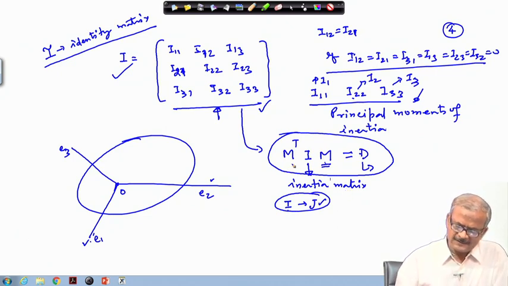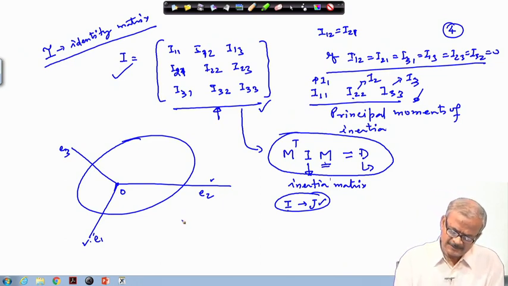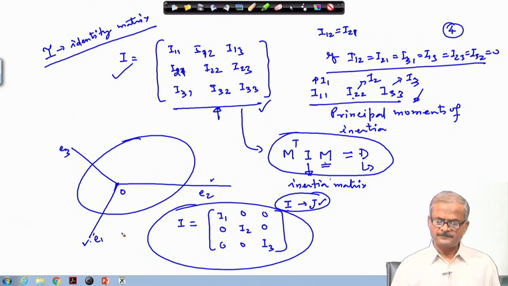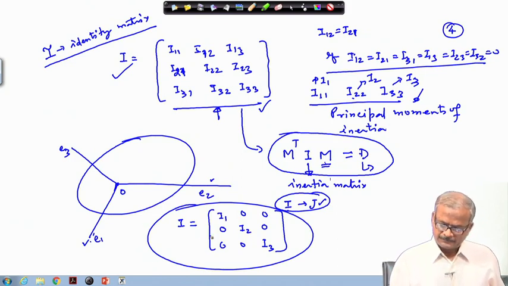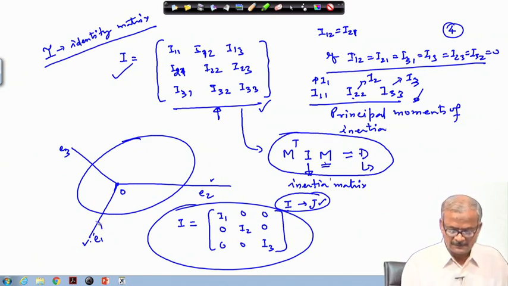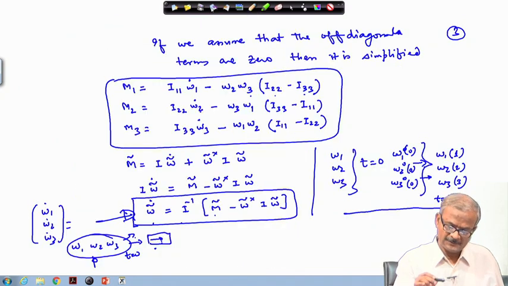Once we diagonalize it, our process gets simplified, and this diagonalized matrix is written as I 1, I 2 and I 3 with zeros elsewhere. Okay, so this is the diagonal matrix. Now, what is the benefit of using this? In many cases your axes get decoupled, meaning the dynamics, if you look back at this equation.